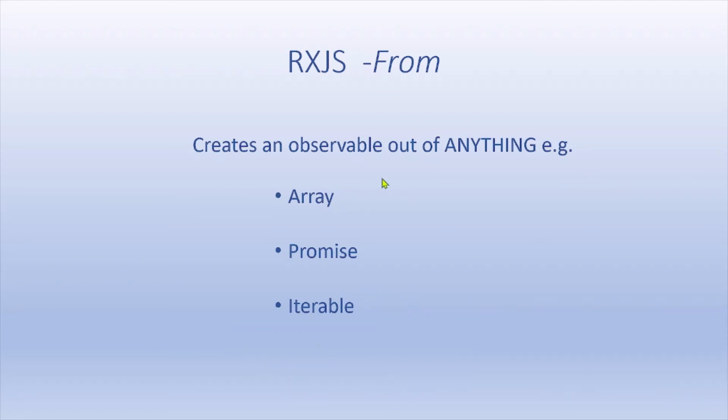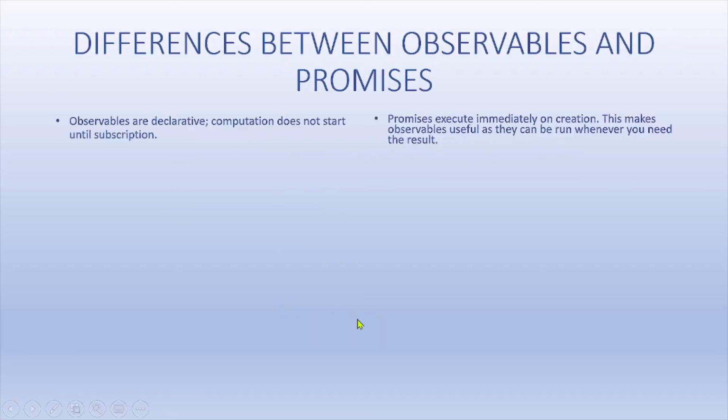Okay, we've seen how to create an observable out of anything such as an array and a promise. You can also create an observable out of an iterable. The next slide will talk about the differences between promises and observables. The first difference is observables are declarative. Computation does not start until subscription.